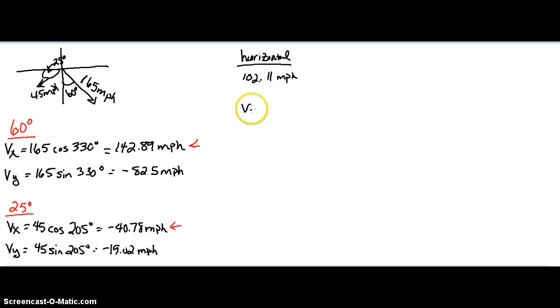Let's find our vertical. If we combine our vertical components, this one and this one, that's going to give us a grand total of negative 101.52 miles per hour.